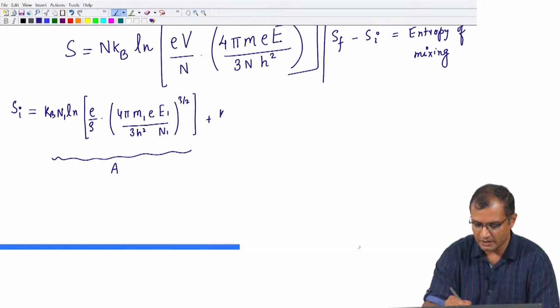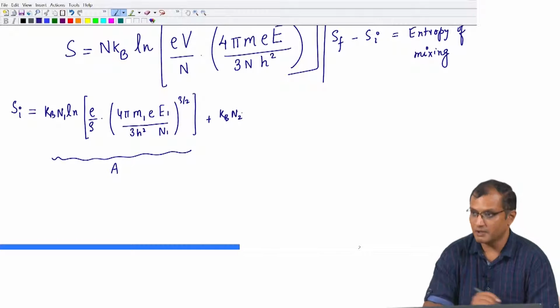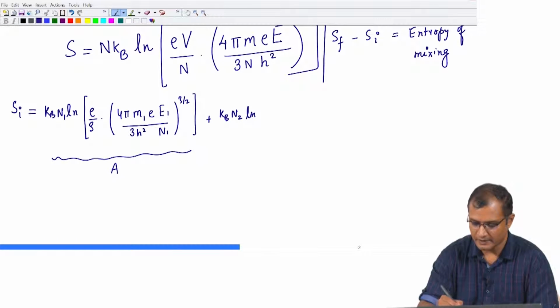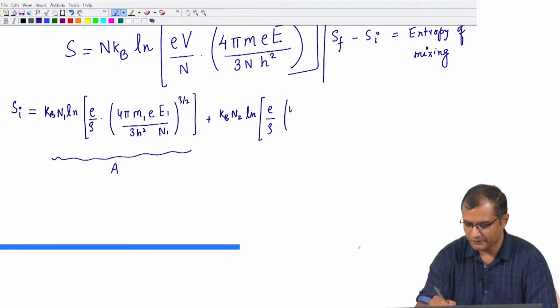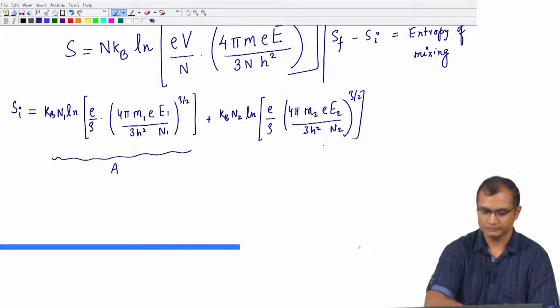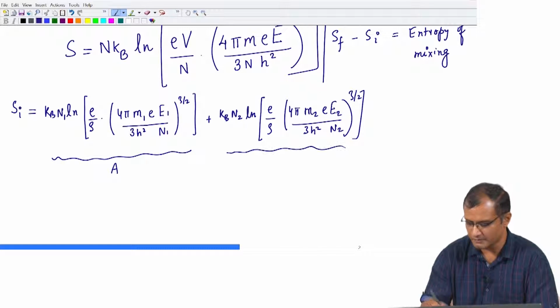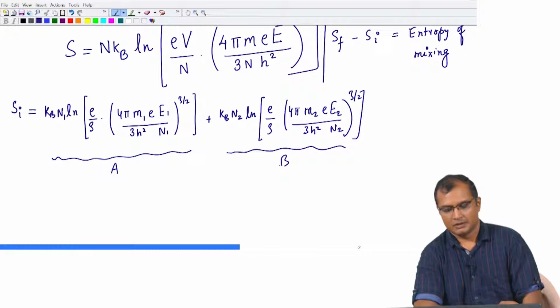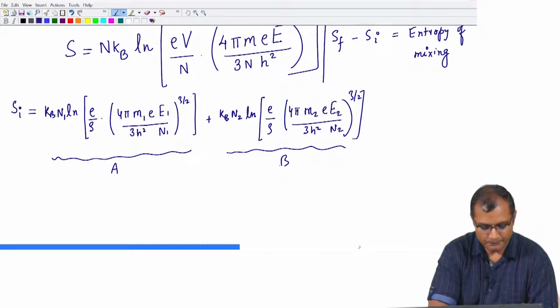This would be Kb into N2 particles, ln e by rho into 4 pi M2 E2 by 3 h square, to the power 3 by 2. Is it fine? This is for the B.